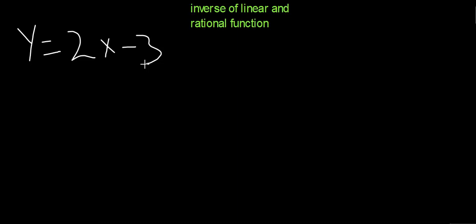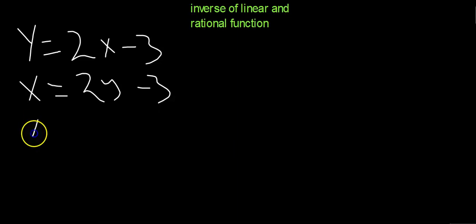So x is equal to, because we are substituting, I write x instead of y, x equals 2y minus 3. Then I move the 3, because I'm solving for y, so for that reason I need to move 3. So I get x plus 3 equals 2y.